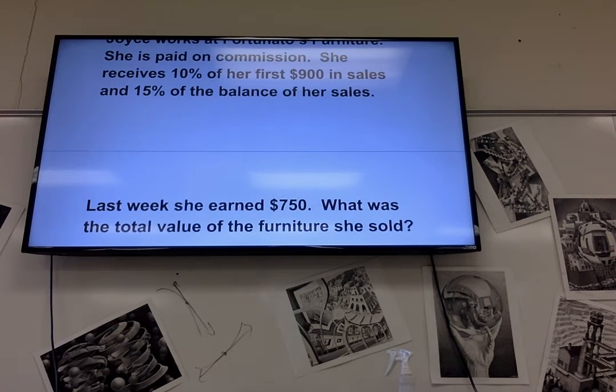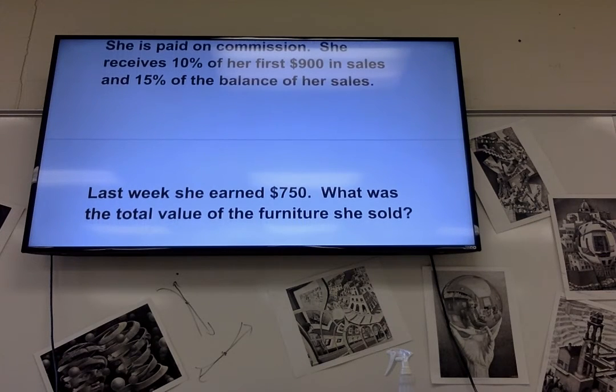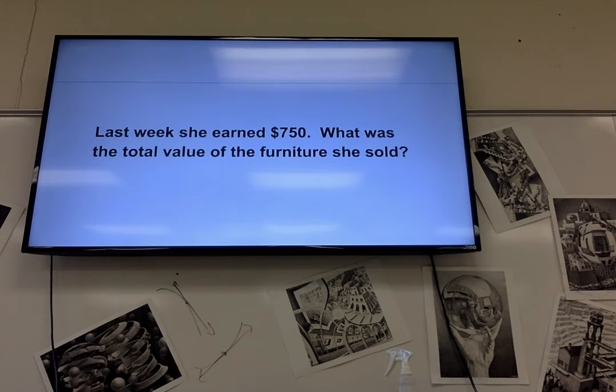All right. We know on her first $900, she earned 10%. So it's 0.10 times $900, plus however much she made over $900. So X minus $900 would be how much she made over.